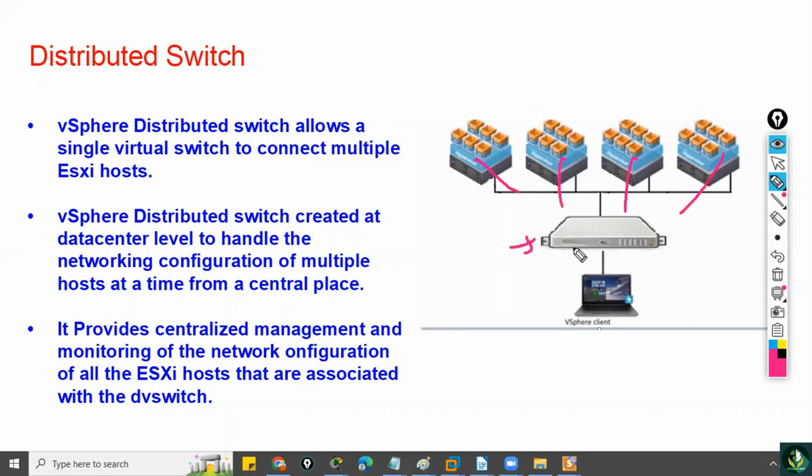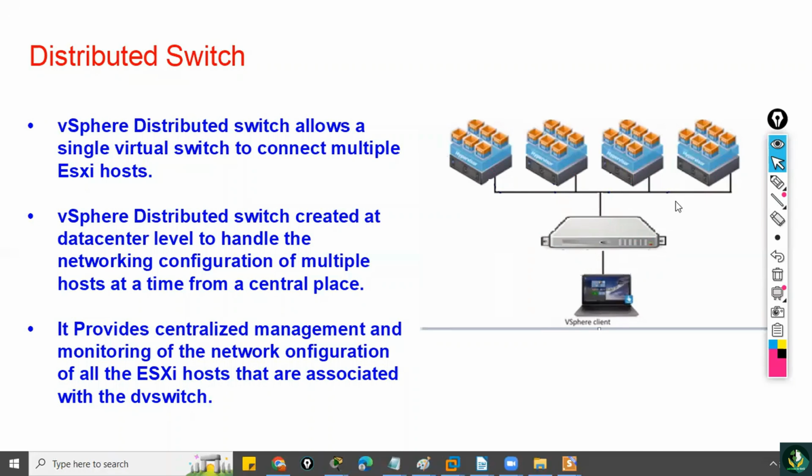I'm just giving the example, it is not exactly like this, but from this distributed switch you will manage the standard switches of all the ESXi hosts. Got the point? Yes, sir. So if you create any policy here, it will be applied to all the standard switches. Sir, on a specific port can we also define any policy? Yes, centrally you can do it.